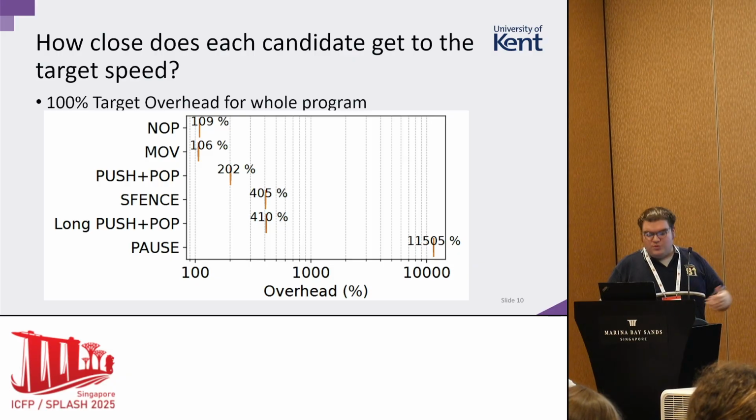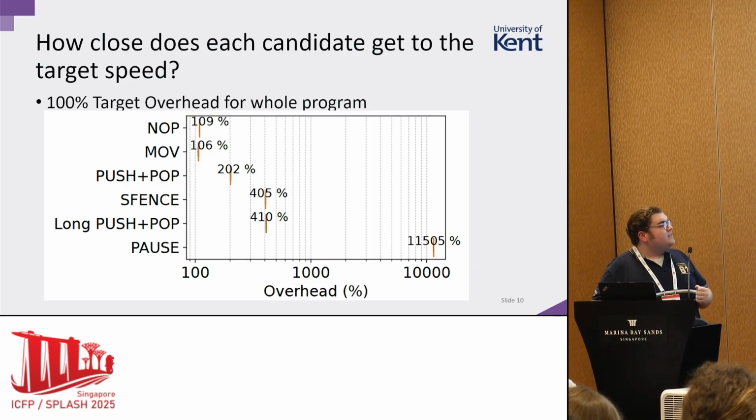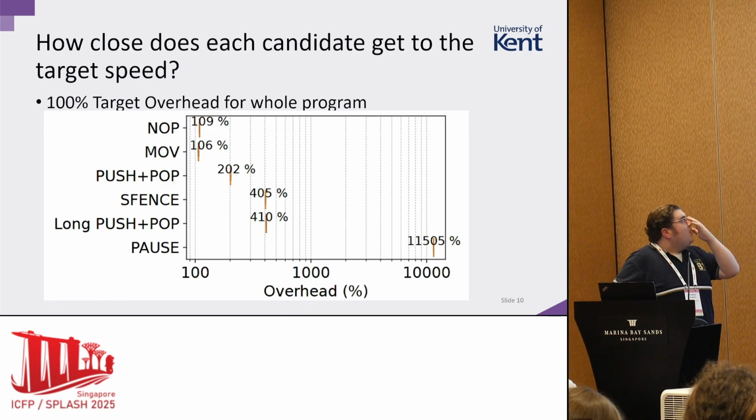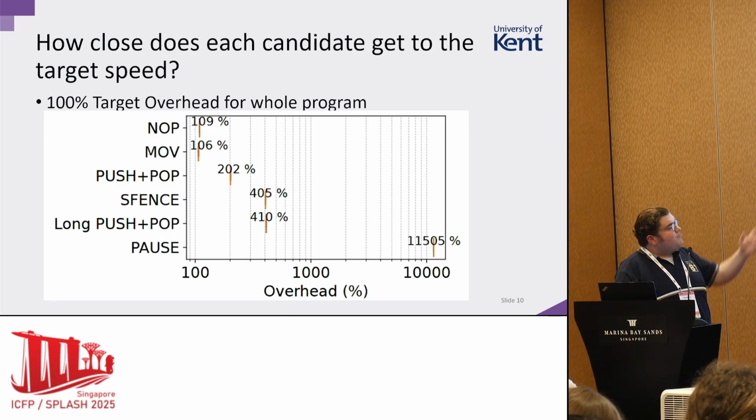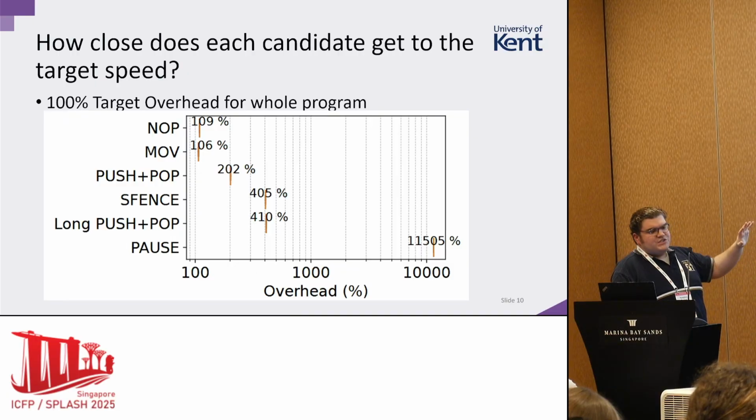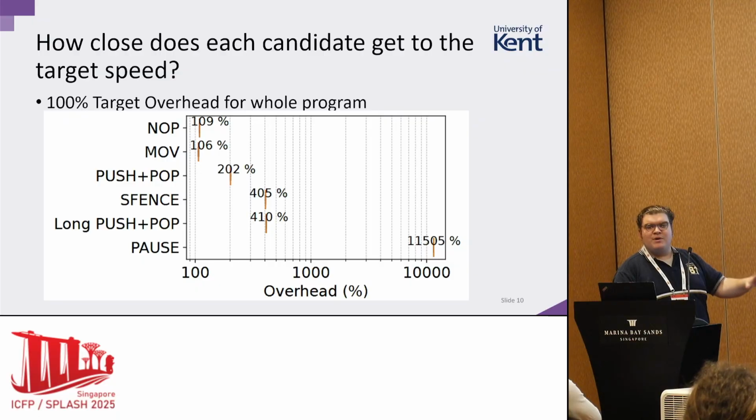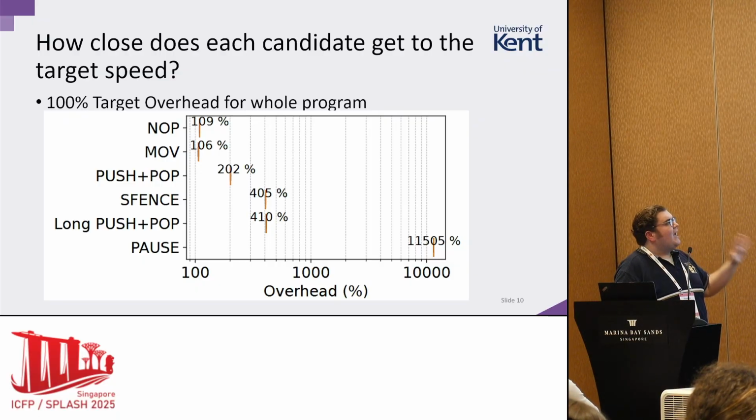But actually, what was the program overhead? For 100%, we saw that NOP and MOV get pretty close to that target overhead of 100%, at 109% and 106%. Push and pops are around 202%, and SFENCE and long push and pop around 400%. This suggests that using those types of instructions, there is a minimum amount of overhead they're adding.